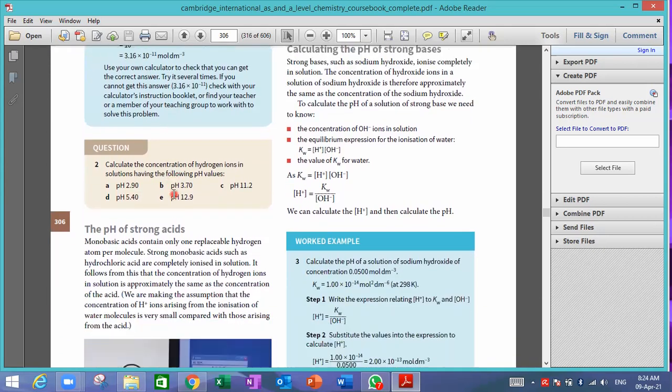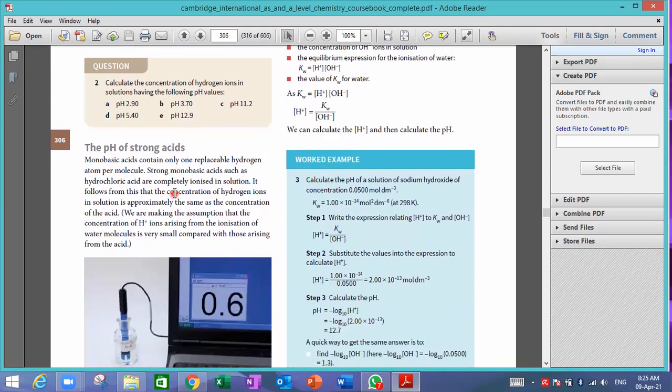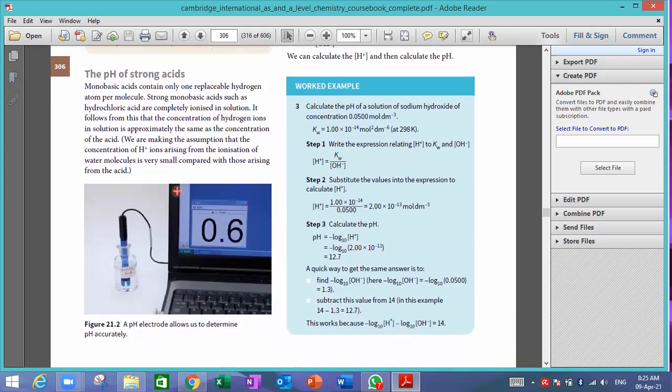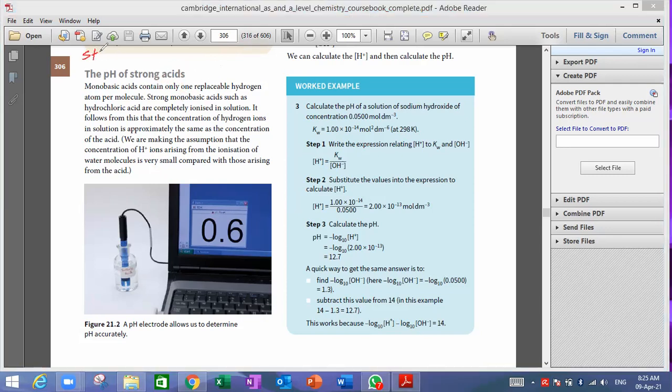Okay. Now, in order to calculate the pH of strong acids, because as you know, we have strong acids and we have weak acids. Strong acids like hydrochloric acid, nitric acid, sulfuric acid, phosphoric acid. And we know from our previous studies that strong acids completely ionize in water.